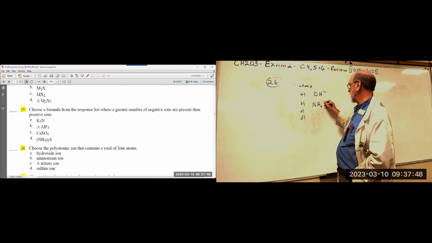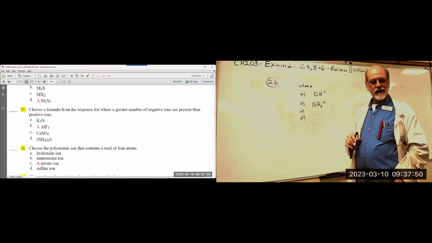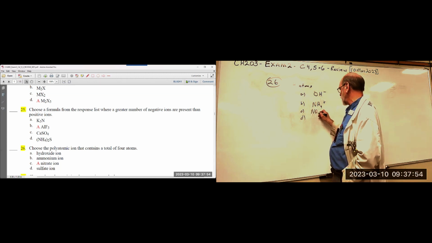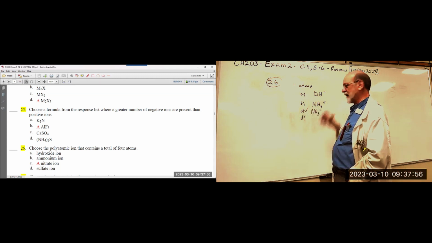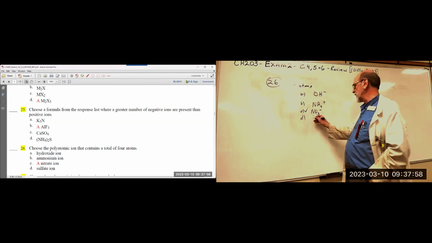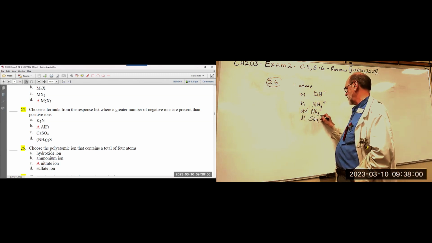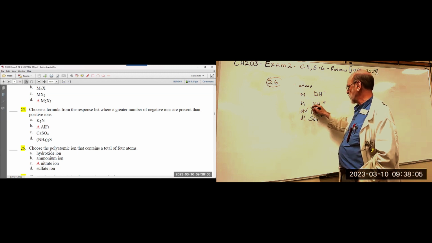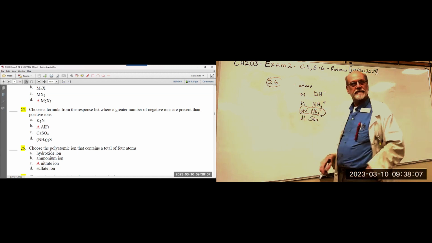NH4 plus. That doesn't work either. How about nitrate? NO3 minus. Yep, that one works. And then sulfate's got too many. That's 5. This is the one that has 4 atoms in it.